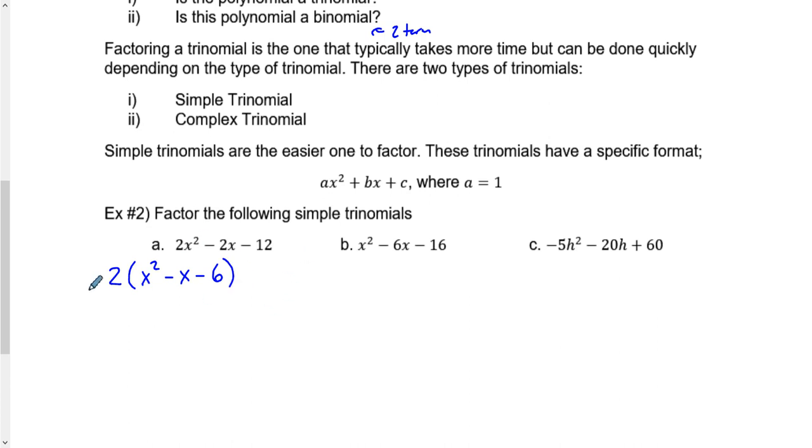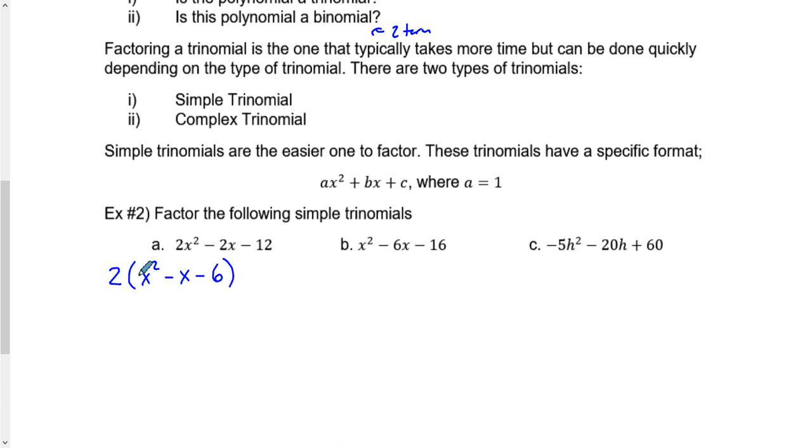After this, as I've stated, I don't give you the steps for factoring simple or complex trinomials. I expect that you have those skills committed to memory. Of course, we go through examples. I'm not just going to give you the answer.